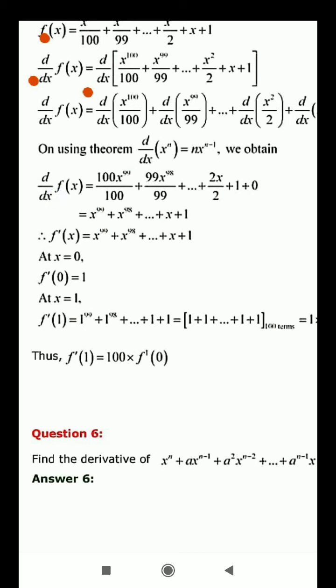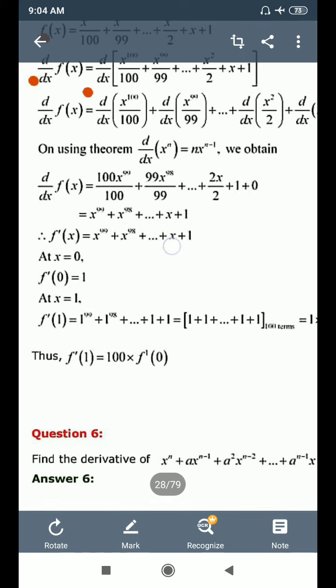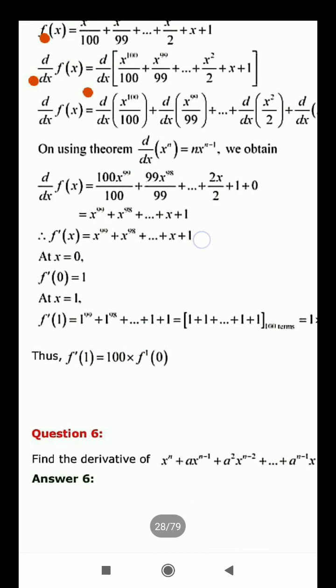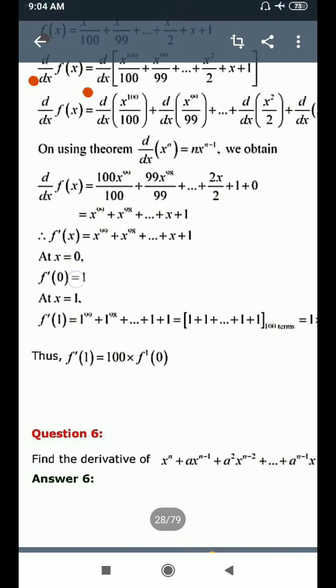Both are one and the same thing. So in this f dash x, you replace x by 0 to get f dash 0. On replacing x by 0, this term is 0, this is 0, all these terms are 0, only this one is left. So f dash 0 is 1.